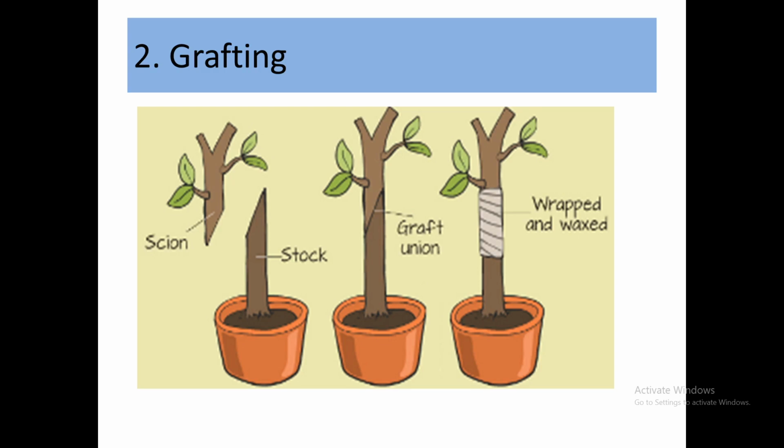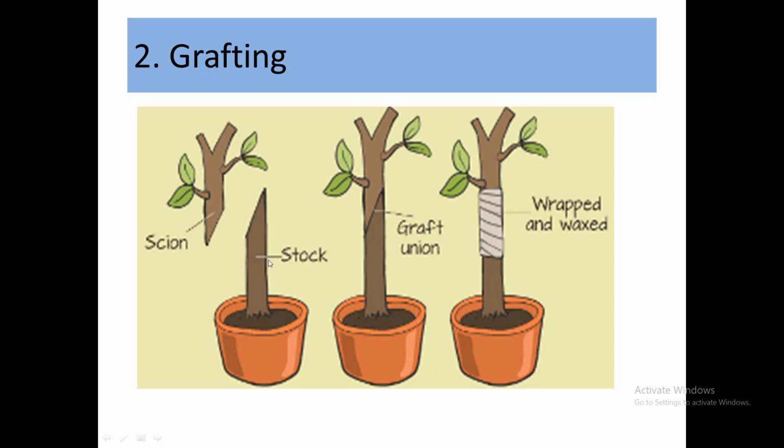In grafting, you have to take two plants, but these two plants are going to act as a single plant. The first plant stem you have to take has one or two buds, and it is called the scion. You have to join it onto another plant which is rooted in a pot or rooted anywhere.